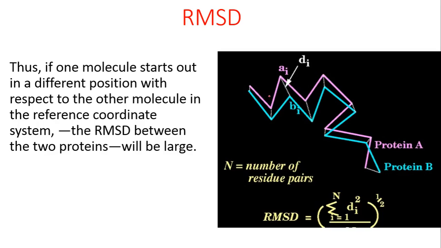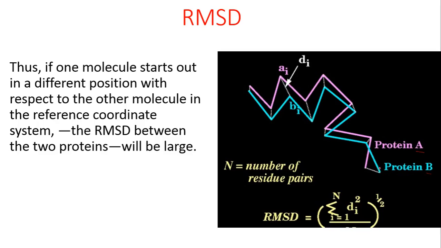So, say for example, you have these two proteins that you are supposed to superimpose and then find out the RMSD between these two proteins. Okay, so one of the proteins is protein A and another one is protein B, that is shown in this pink and cyan color or blue color. So when you compute the RMSD, the first thing you should do is superimpose these two proteins.